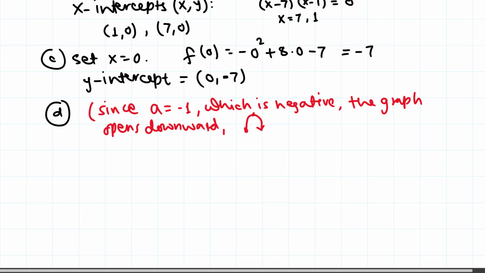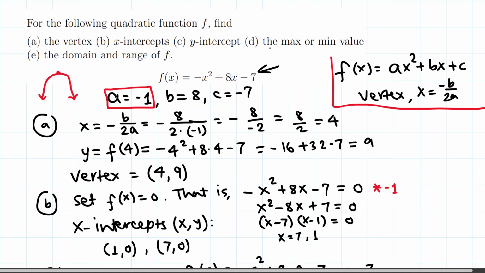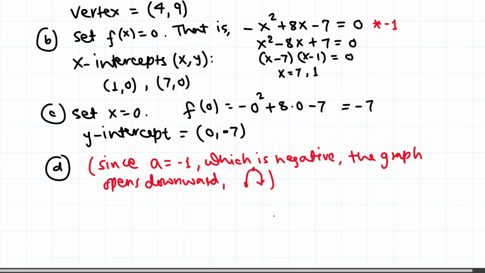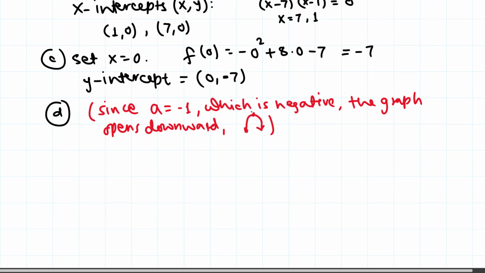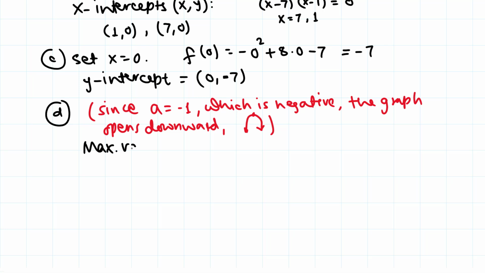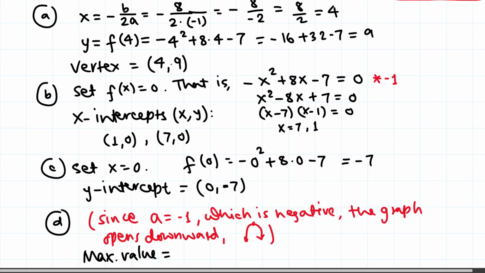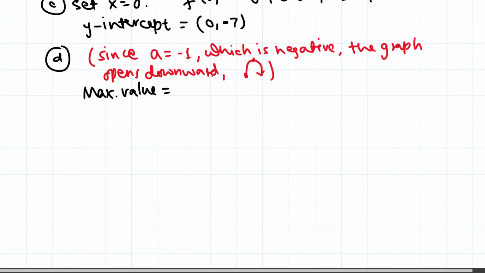That means the vertex gives the max value. The question is max or min value; we already saw that it opens downward, so it's a maximum value. The value is the y coordinate, so the max value is the y coordinate of the vertex. From part A, the vertex is (4, 9), so 9 is the y coordinate, that's the maximum value.